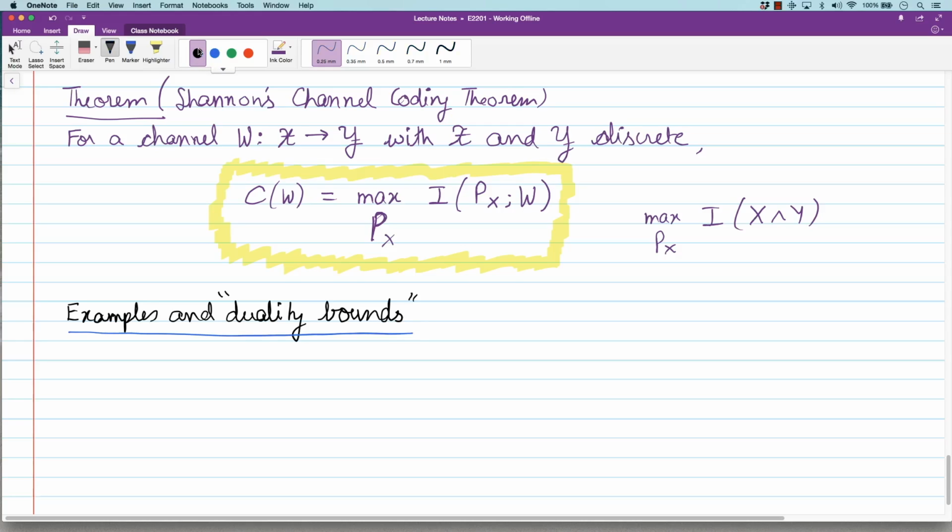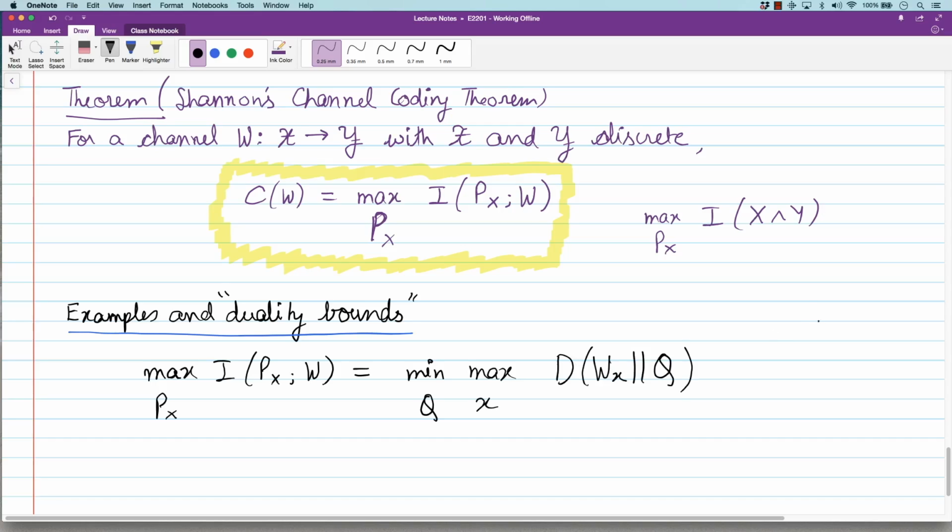So I'll recall a formula which we saw earlier. We saw that this channel capacity, which is max over P_X of I(P_X, W), is also equal to the so-called information radius: minimum over all output distributions Q, maximum over all x, of the divergence between W_x and Q. So the way to visualize this formula is that for each x, you have an output distribution W_x.